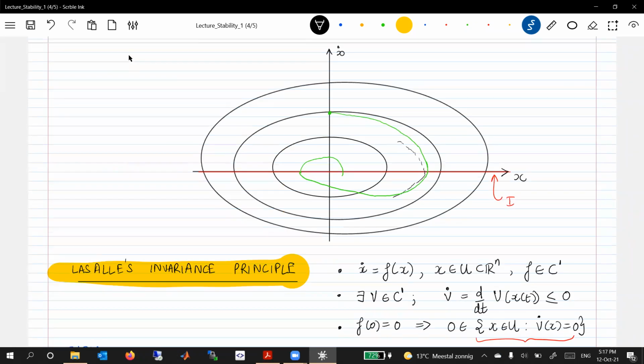We have a set of trajectories here, say in any of these ellipses, these would be candidate U's, where we would always be staying inside the U, but we want to find out what is the fate of those trajectories, right? Where do they end up being?